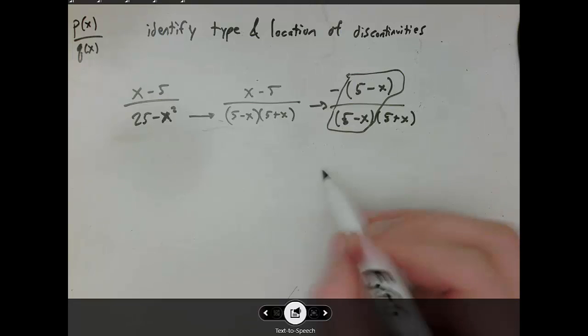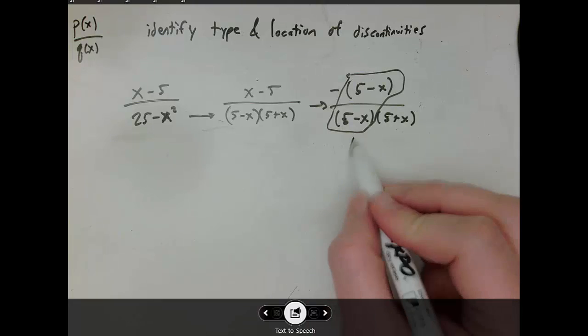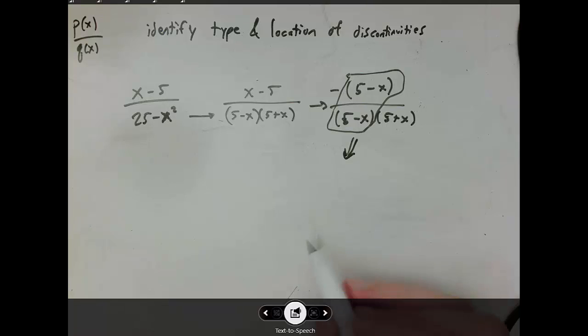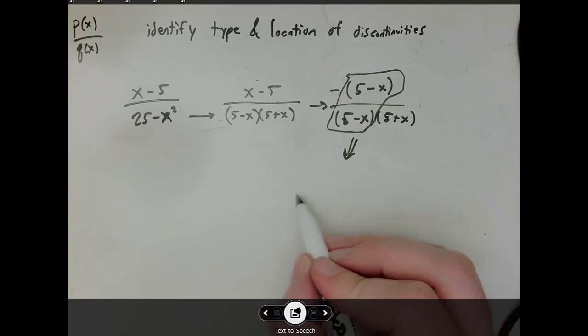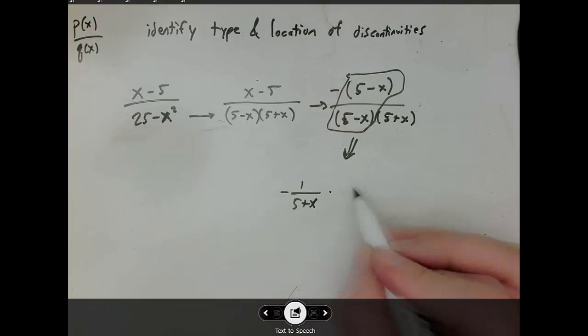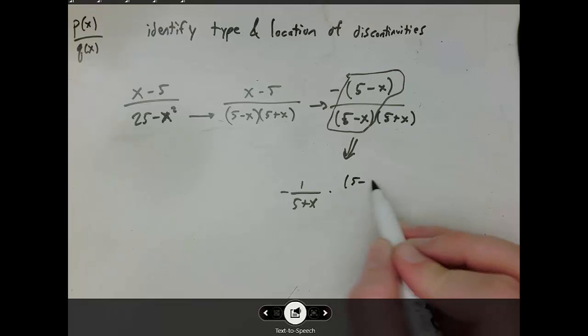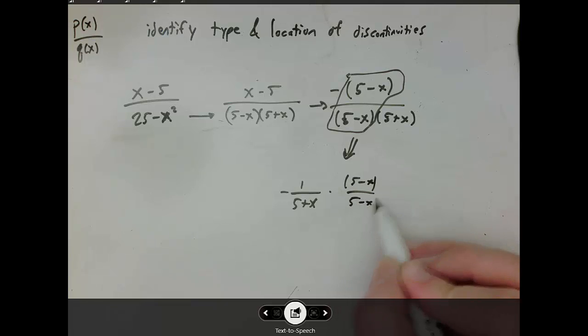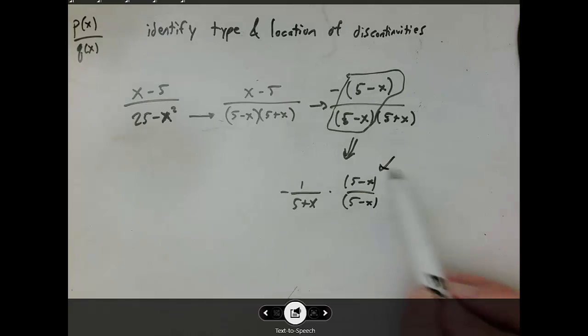So in this example, let's rewrite this as what the graph would be. It's like I've got negative 1 over 5 plus x times the fancy form of 1, 5 minus x over 5 minus x. So this is the thing that gives us the removable discontinuity, but the rest of the graph looks like just a transformed 1 over x family.